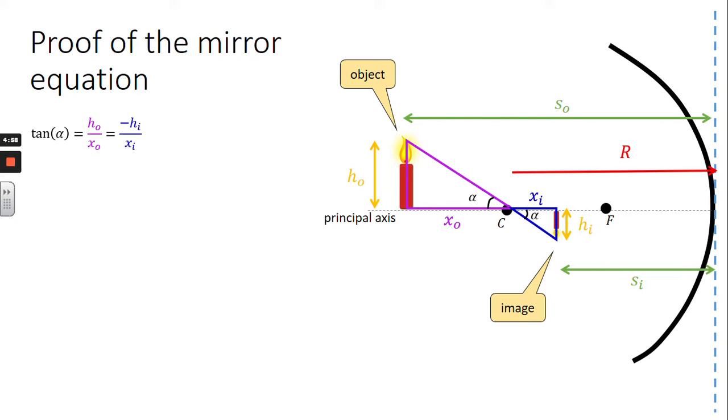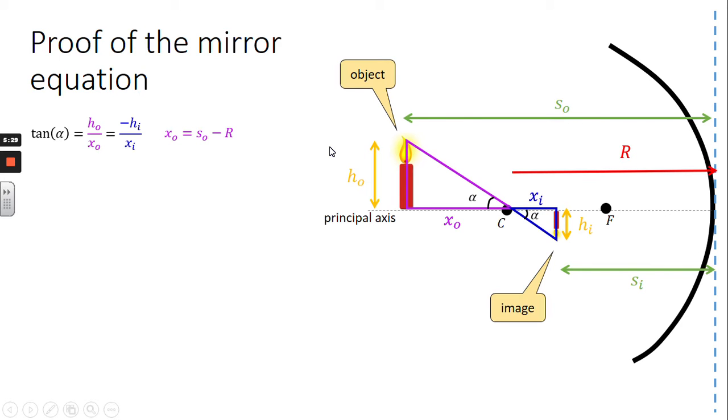We're going to start with the tangent of alpha because that is our way to relate the purple triangle with the object to the blue triangle with the image. And so we see the tangent of alpha from the purple triangle is the object height over that distance x subscript o. And we see that in our blue triangle, the tangent of alpha is negative h sub i over x sub i, because we've got that negative height there.